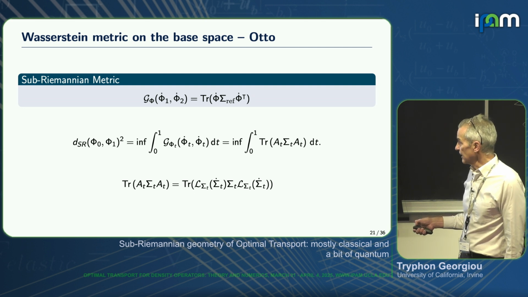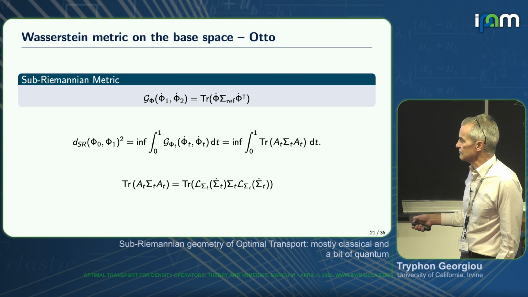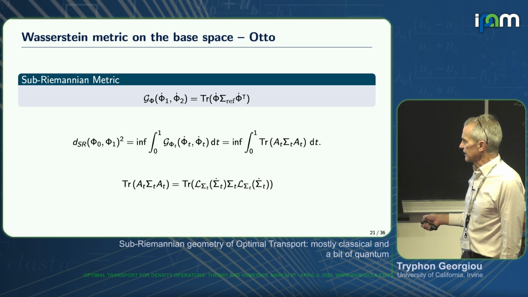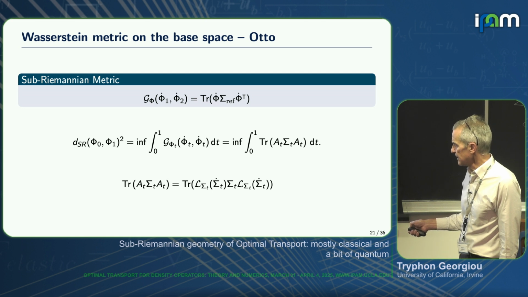And the sub-Riemannian distance is the minimum along paths that achieves whatever objective you have. For example, you go from phi 0 to phi 1. And it can be written explicitly in terms of the sigmas and the derivatives of the sigmas on the base space.